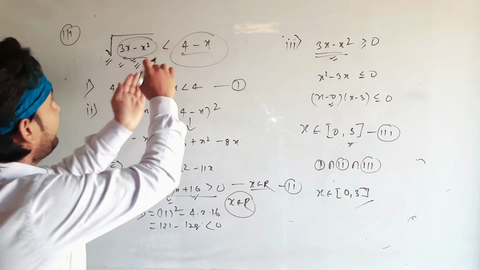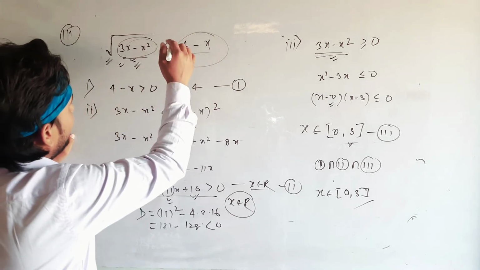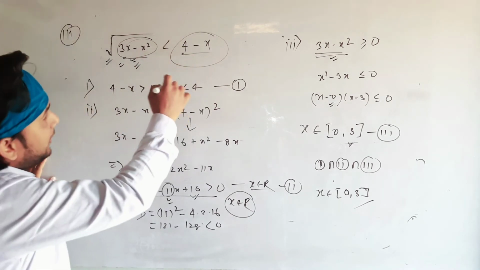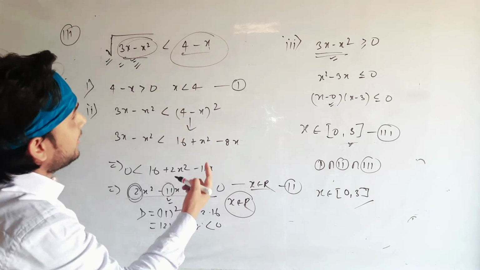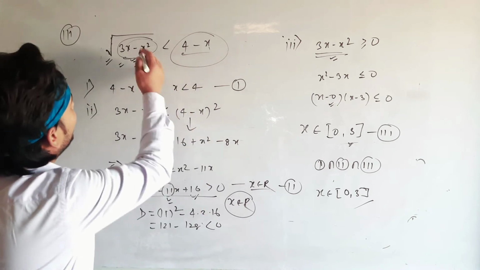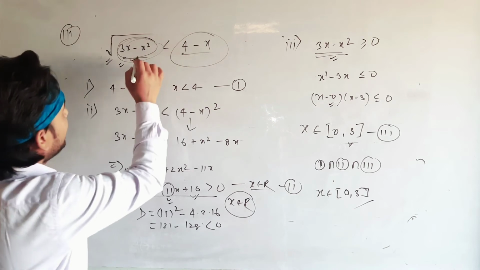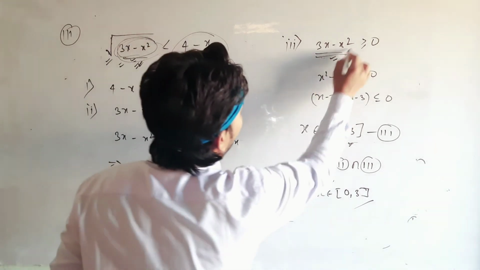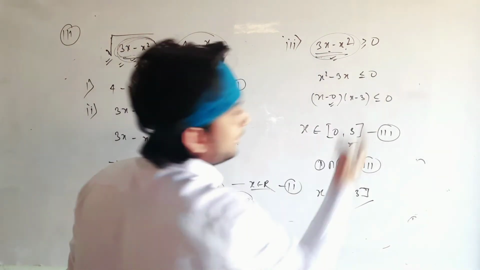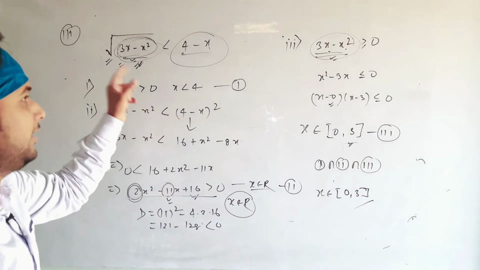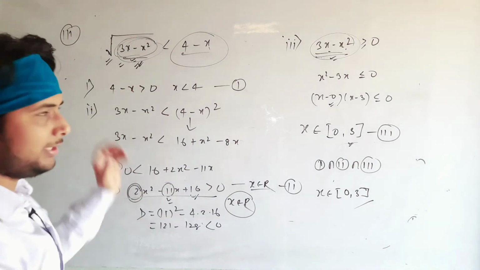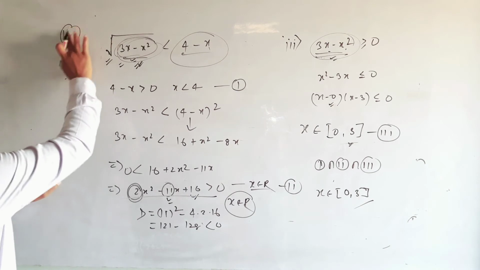If it is greater than 4 minus x, then there is no need to apply that 3x minus x square greater than or equal to 0. You must remember it.